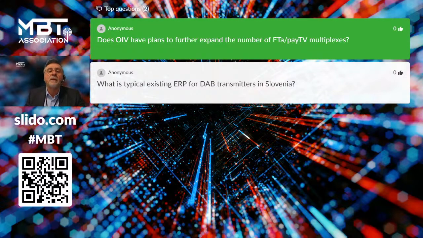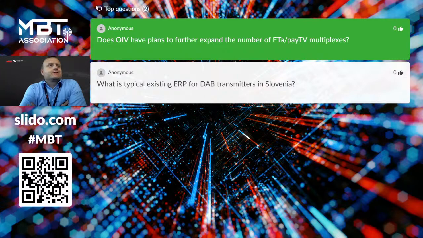Next, does OIV have plans to further expand the number of free-to-air and pay TV multiplexes? Okay, it's for the TV session. For TV, probably. Yeah. Of course, DAB Plus is in trial in Croatia. Well, for now, not. There are no plans, but if there will be interest from some broadcaster or content provider, of course, OIV is ready to be a network operator.